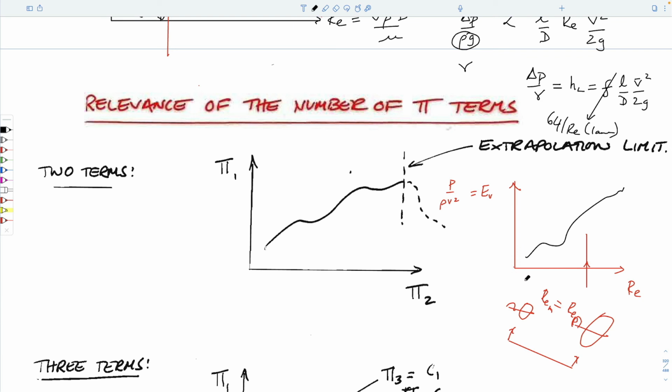It doesn't have to be a straight line. It could be a straight line. It could be a curved line. It could be anything you want.